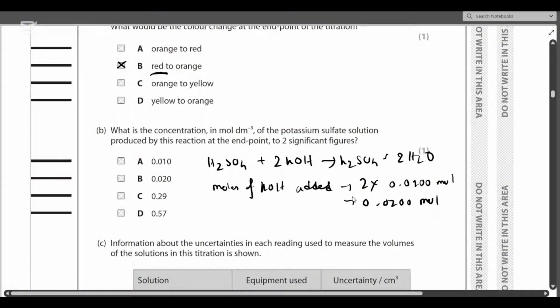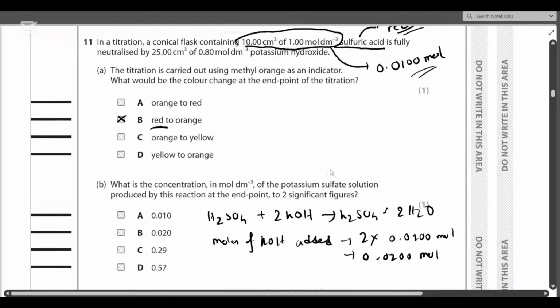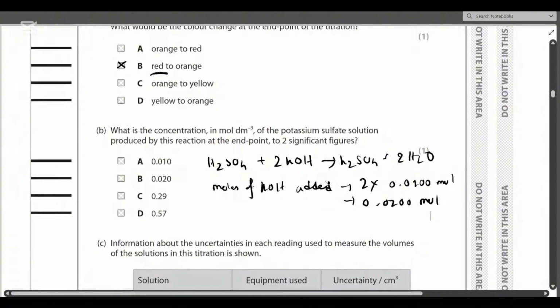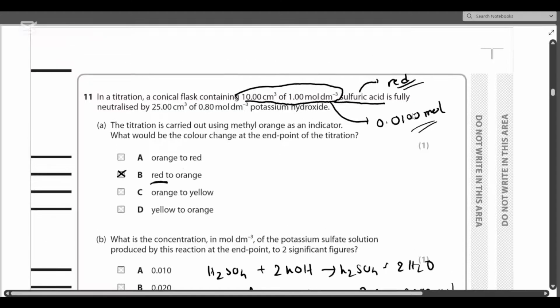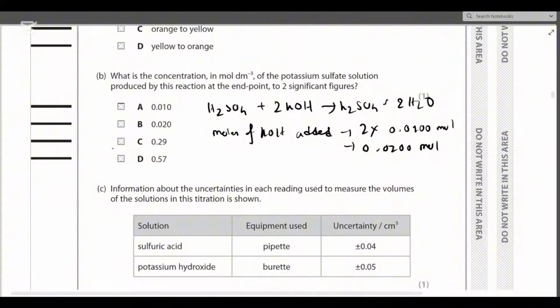The moles of H2SO4 are 0.0100 mole, so the moles of K2SO4 produced is 0.0100 mole as well.